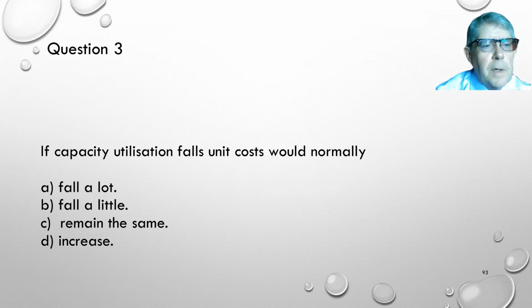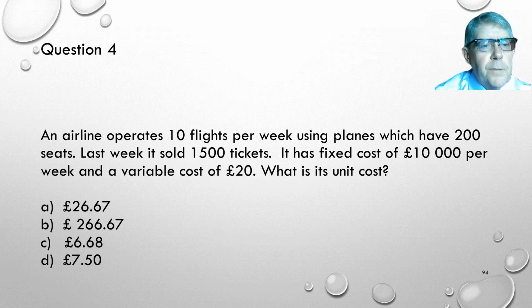Question 3. If capacity utilisation falls, unit costs would normally A, fall a lot, B, fall a little, C, remain the same, or D, increase. Question 4. An airline operates 10 flights per week using planes which have 200 seats.